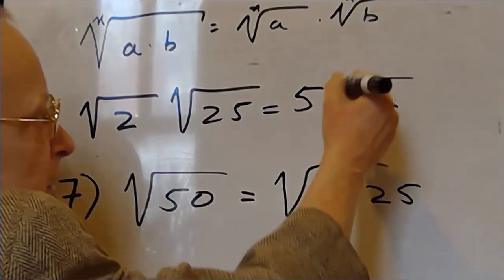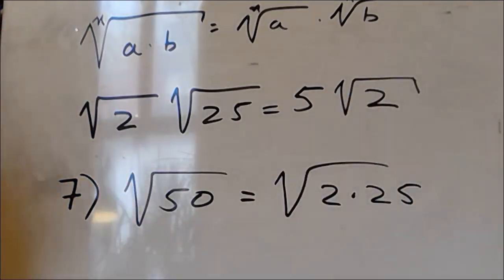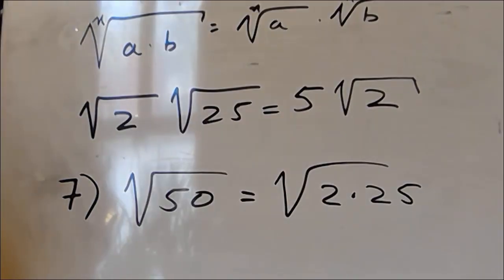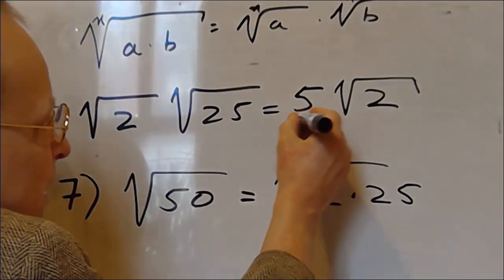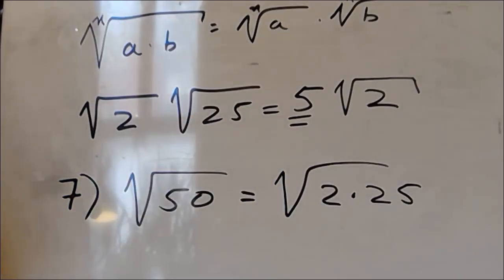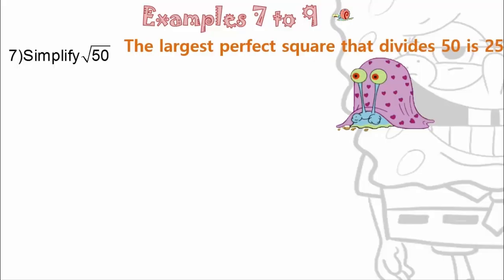The reason I do this is because if you make this too long or you don't cut it off, you don't know whether or not the 5 is inside or outside the radical sign. So this way it's very clear that we've already taken the square root of 25 and that the 2 remains in the radical sign.